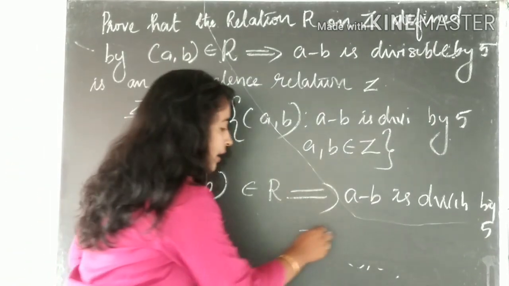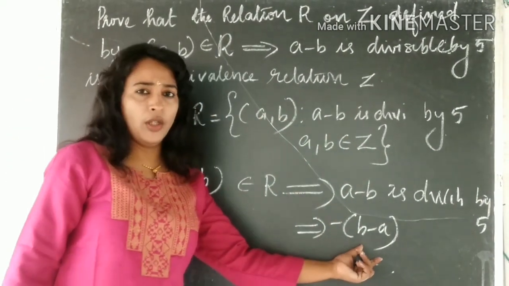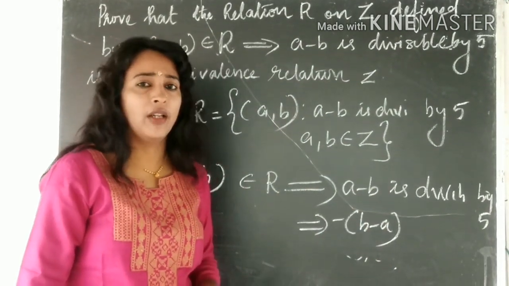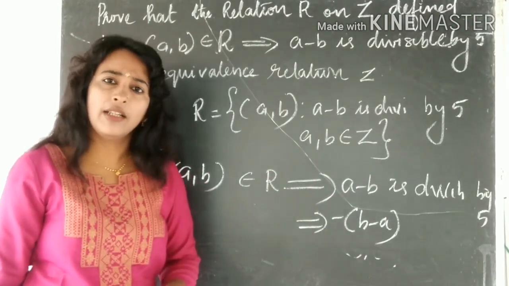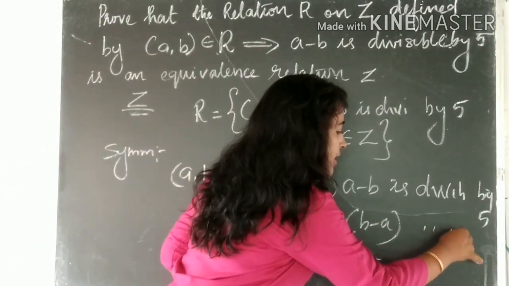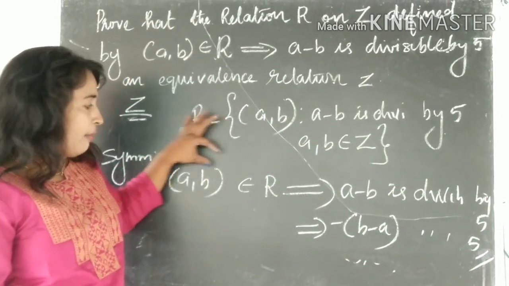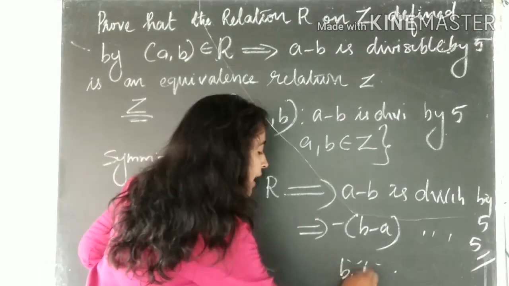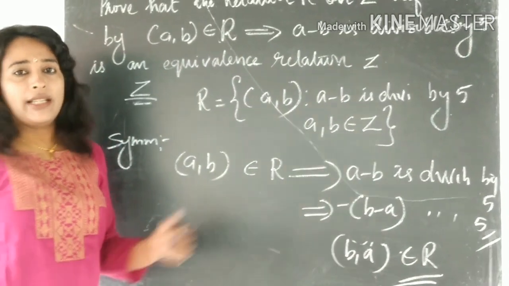That means I am taking minus outside, then B minus A. You know, B minus A is also divisible by 5. Only a negative sign comes in; reversed, it will be divisible by 5. So AB belongs to the relation and it implies BA belongs to the relation. So it is symmetric.